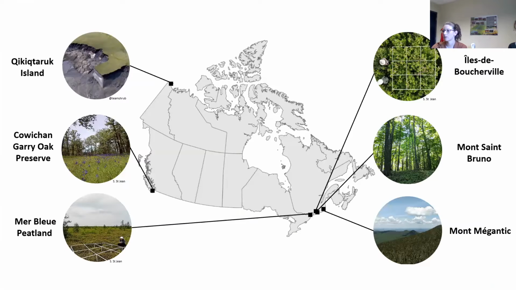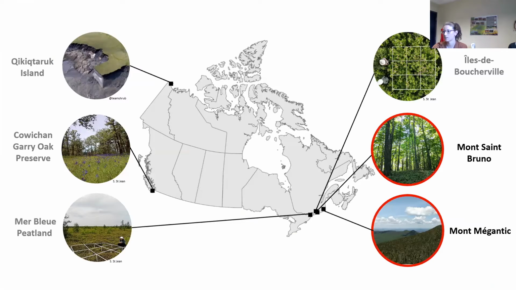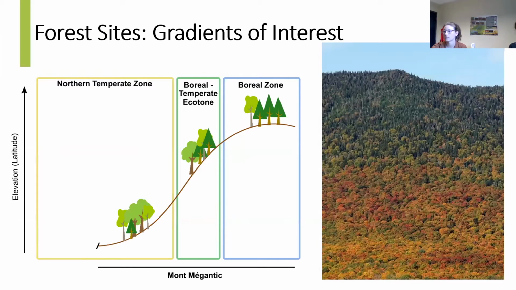The data that we're working on is from two forest sites, Mont Saint Bruno and Mont Mégantic in southern Quebec. At Mont Mégantic, the forest vegetation transitions from a deciduous temperate forest at low elevation to boreal forest at high elevation. The Mont Saint Bruno site effectively acts to extend the lower limit of the elevational gradient, capturing additional, more southern species.